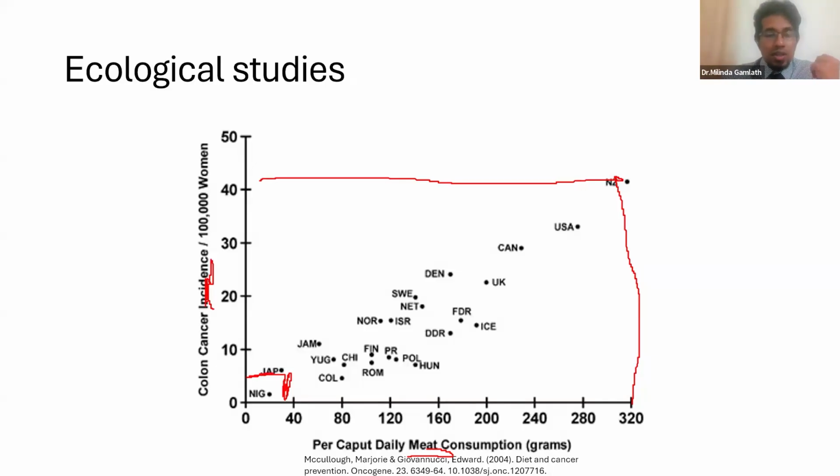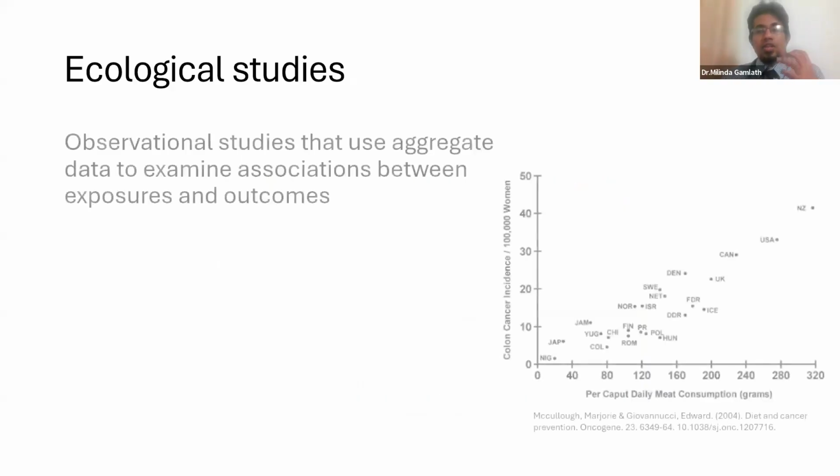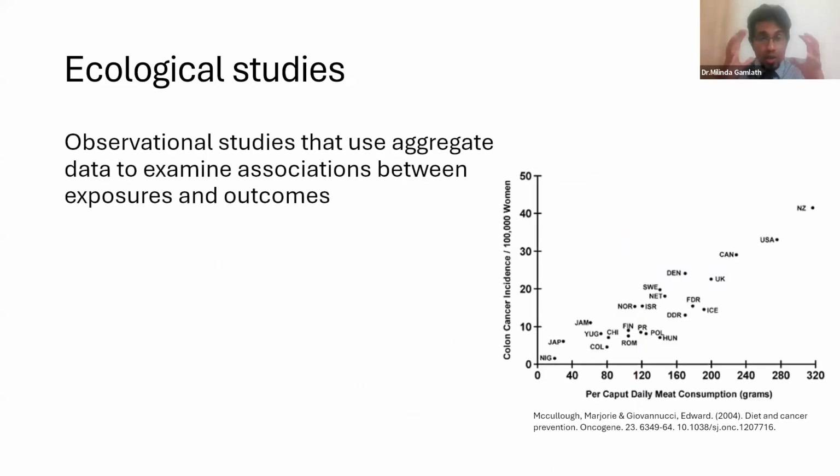So ecological studies are basically studies that use aggregate data or population level data. They compare populations to examine certain association between exposures and outcome. However, they are not establishing association. That's the key thing. They are simply examining an association. Why? Because they are looking at population data.